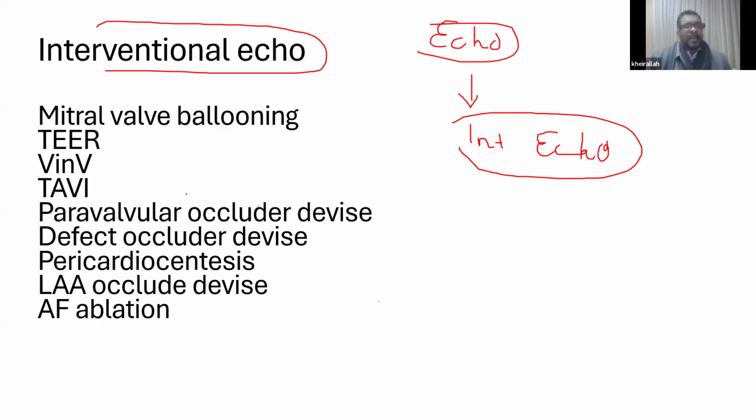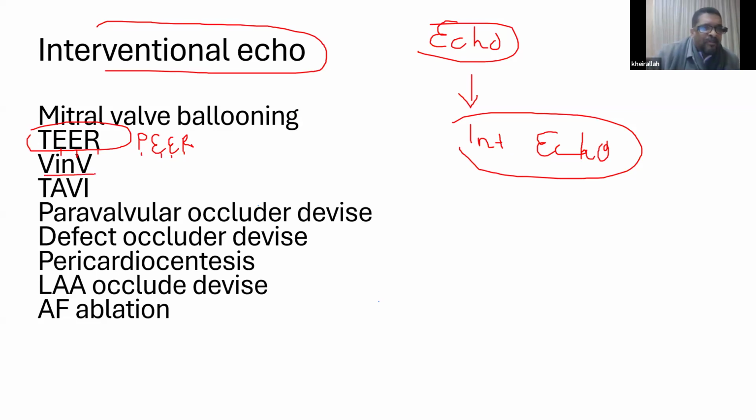Now for mitral ballooning for mitral stenosis, for TEER, TEER stands for what? Sometimes they call it TEER, sometimes they call it PEER, which stands for transcatheter edge-to-edge repair, or percutaneous edge-to-edge repair, which is mitral clip and tricuspid clip for MR and TR respectively, okay?